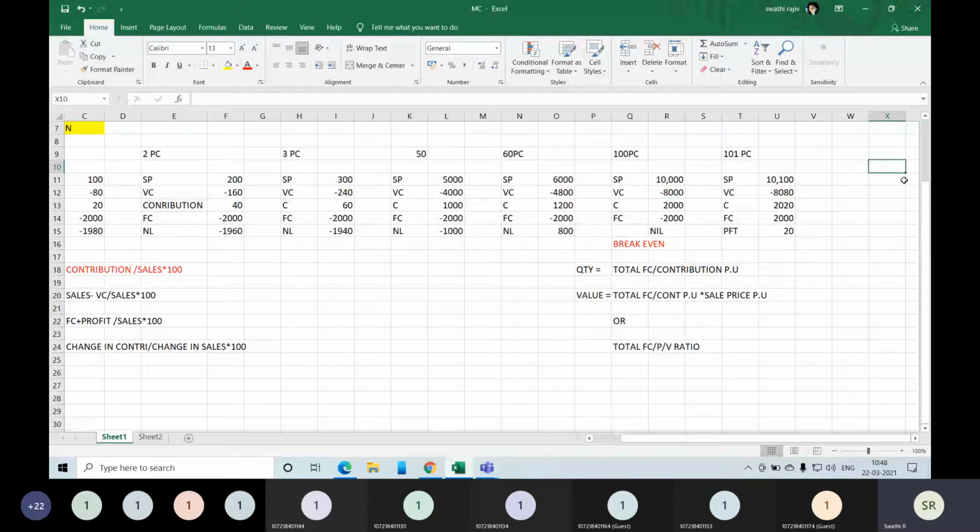Now we realize that after producing 100 pieces and finding break even and the formula, anything above 100 that we produce gives us something called profit. We realize that only after producing something above 100 will we actually get profit.